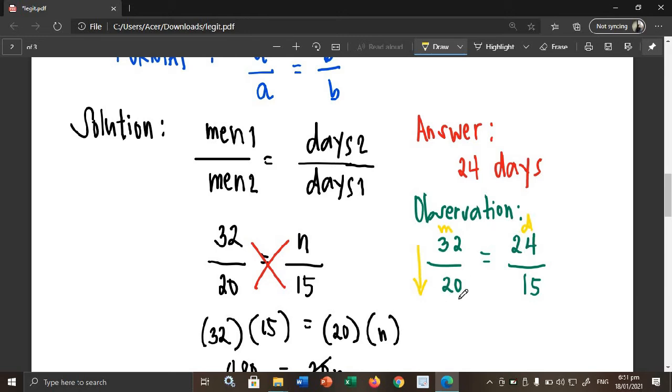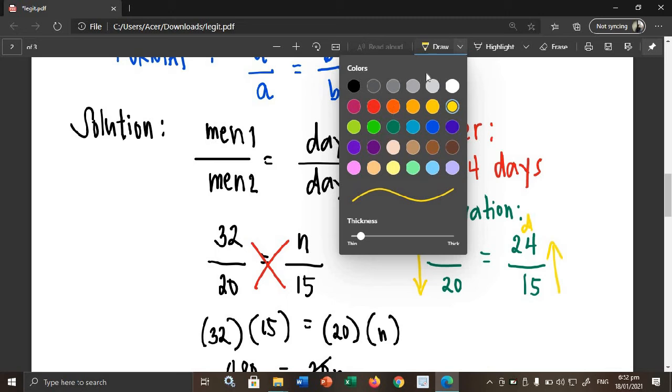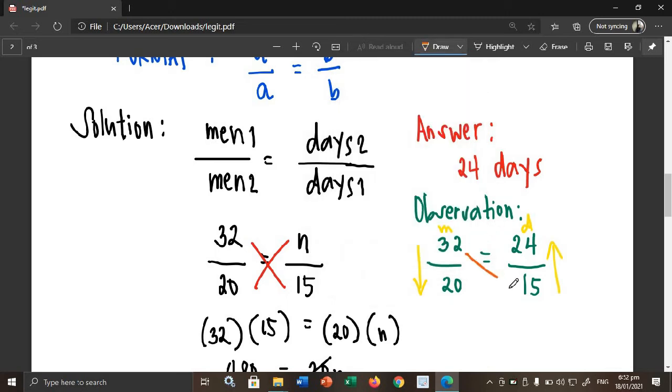So, habang nagde-decrease yung number ng men mo, yung number ng days na kailangan para ma-reap yung isang field ay nagtataas naman. So, paano ko nasabi? Kasi, di ba, when 32 men is reaping the field, it will take them 15 days. Ito yung magkakatapat. Sila yung nasa problem.